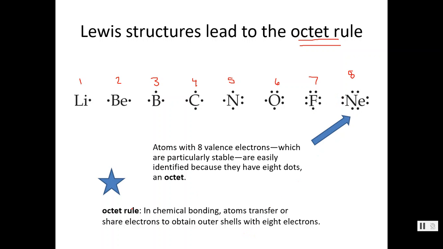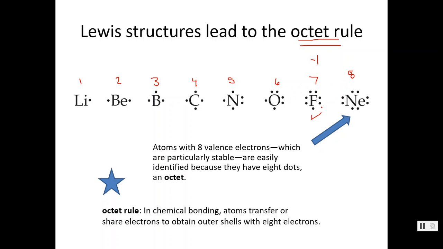I'll give one example and then I'll stop this video. If you remember all the elements in group 7, like fluorine, chlorine, bromine, iodine, we said that in an ionic compound, they like to have a charge of -1. They want to gain 1 electron when in an ionic compound.